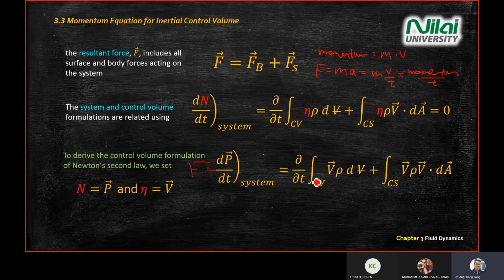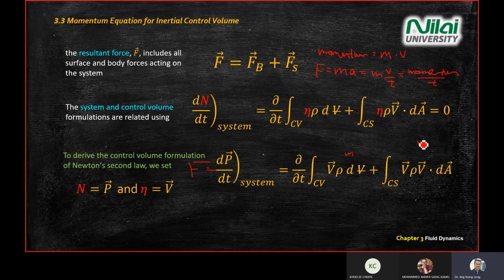And since we are looking at two dimensions, one is control volume, one is control surface. For the volume term, the product of density times volume gives us mass. Mass times velocity, we get momentum. And momentum divided by time, we get force. For the surface term, we take density times velocity times A, and then times the velocity again.